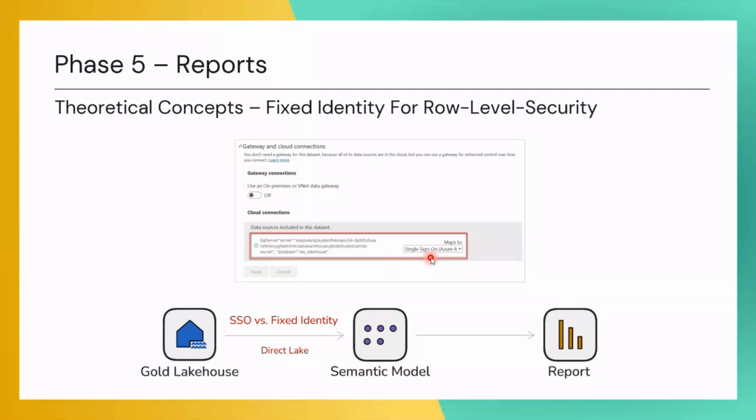You can either use your personal credentials as a developer or create some kind of system user that you use. And by that, we can make sure that the semantic model always queries data from the gold lakehouse with a predictable identity. And with that, the existing RLS from Power BI can be applied to the semantic model.